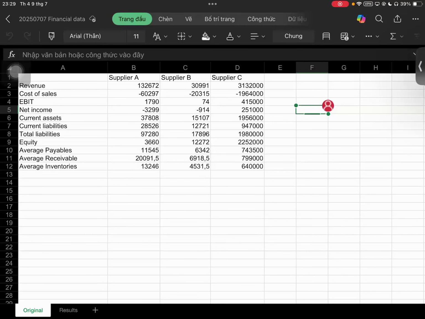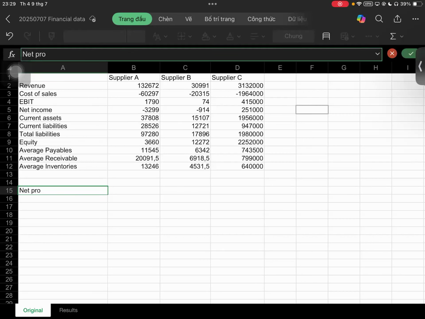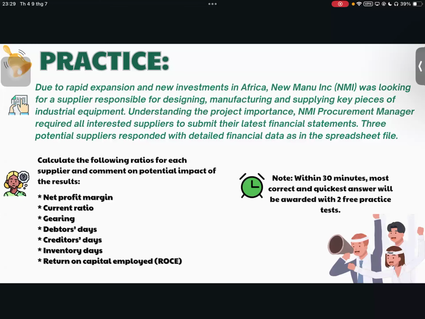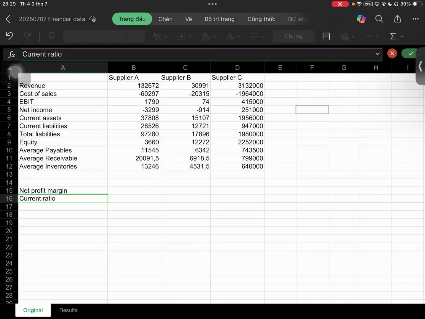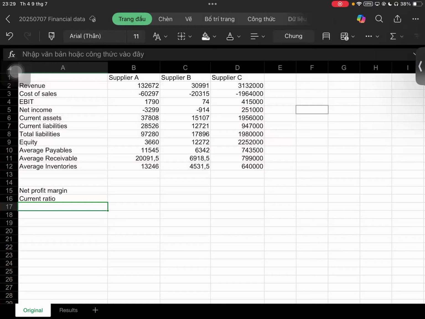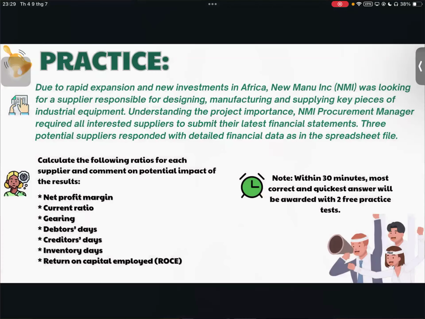Now, you need to calculate the following. First, the net profit margin. Second, the current ratio. Others require you to calculate the quick ratio. Next, gearing.